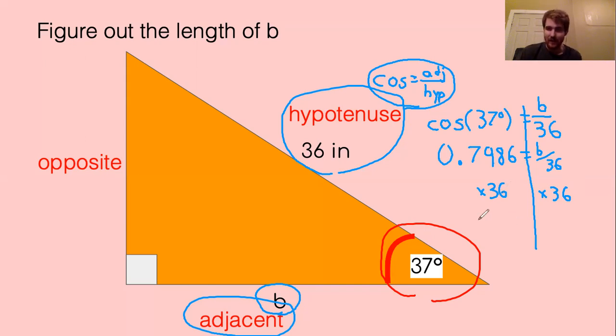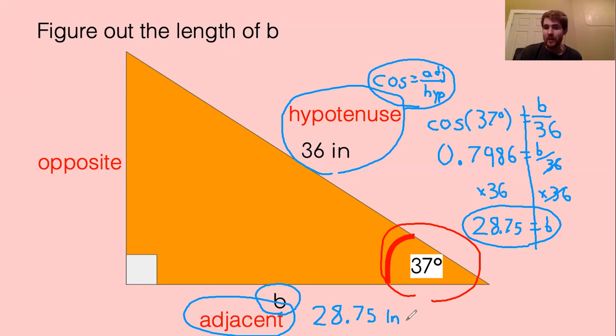And I get that the answer is about 28.75 equals B. Divided by 36 cancels with the times 36, and here's our answer. So there you go. We have figured out that the adjacent side is 28.75 inches long.